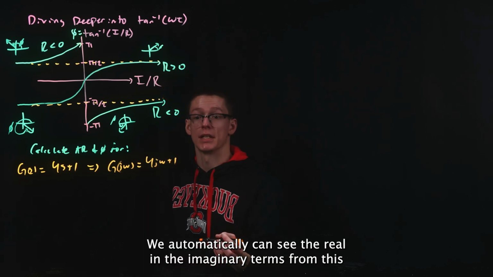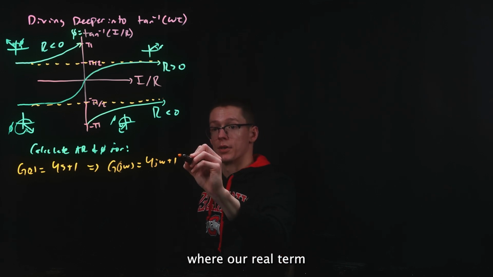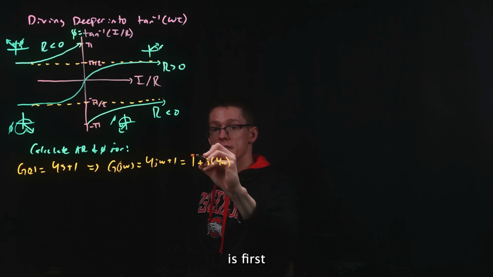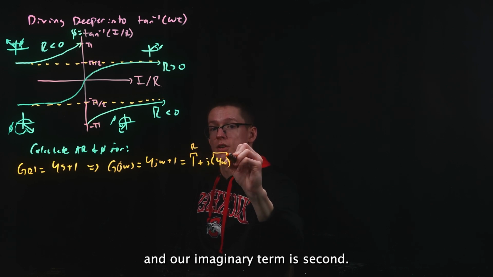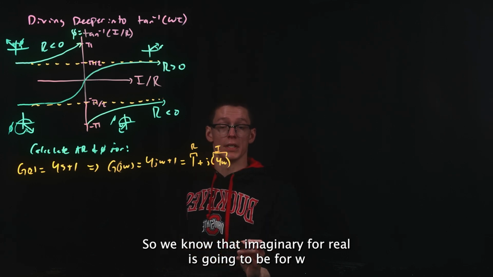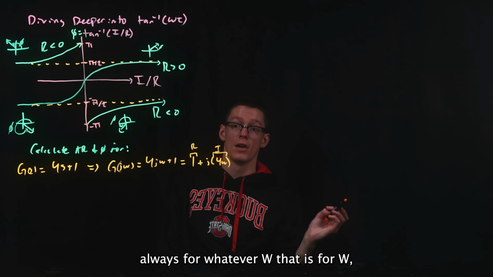We can identify the real and the imaginary terms from this, where our real term is first and our imaginary term is second. So we know that imaginary over real is always going to be 4w, for whatever w that is.